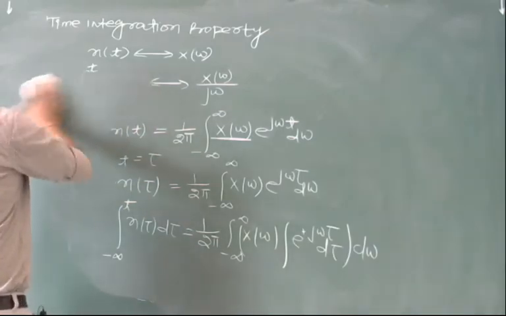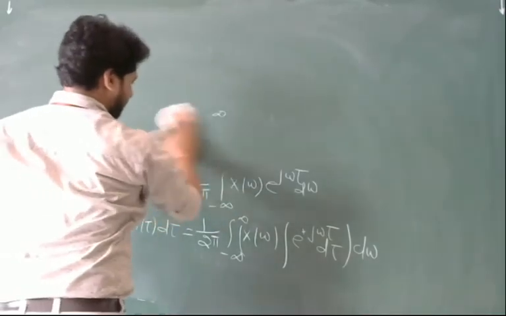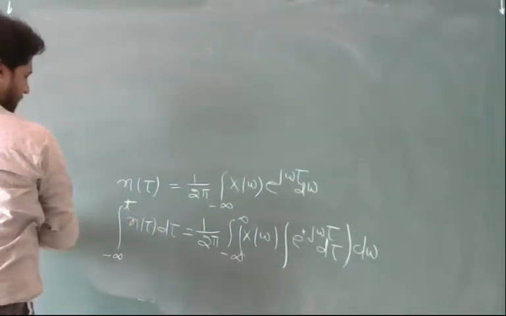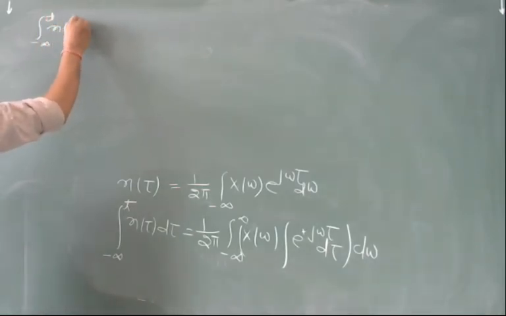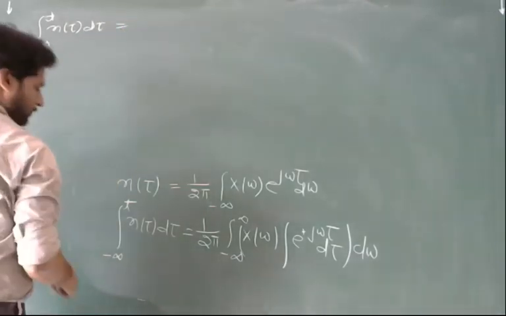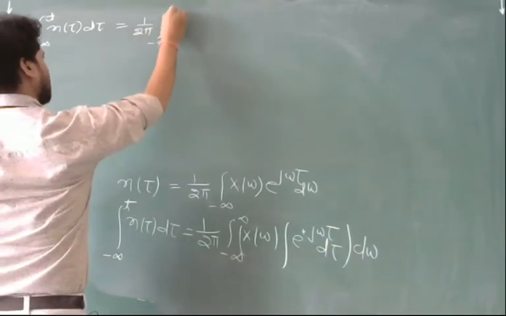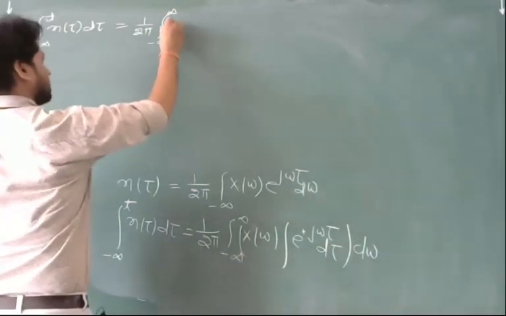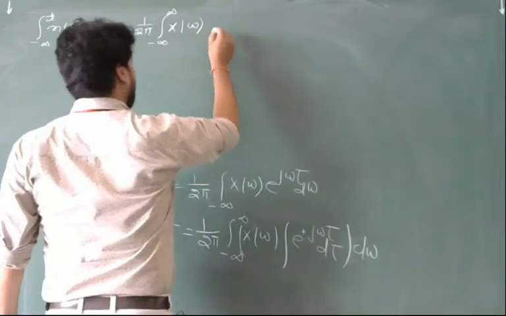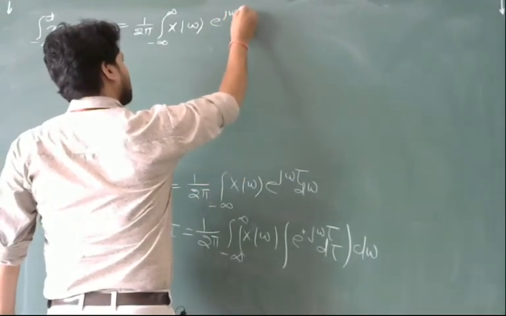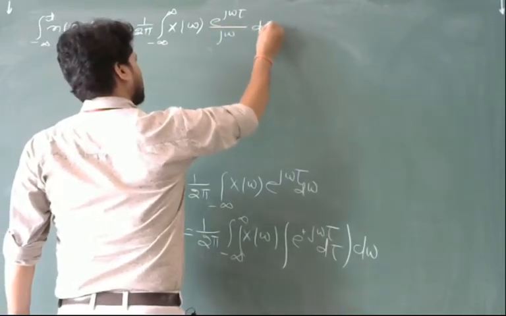Now this can be simplified further as the integral of x(tau) d tau equal to 1 upon 2 pi, integral from minus infinity to plus infinity, capital X of omega, and this integration will give e power j omega tau over j omega d omega.